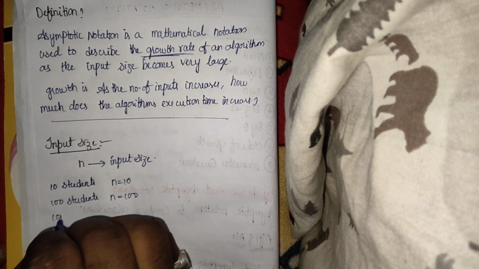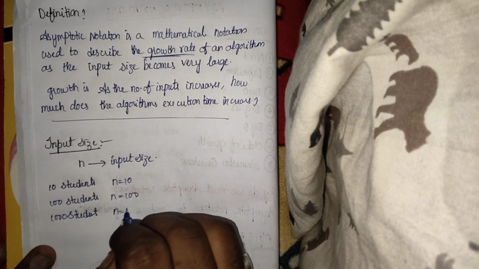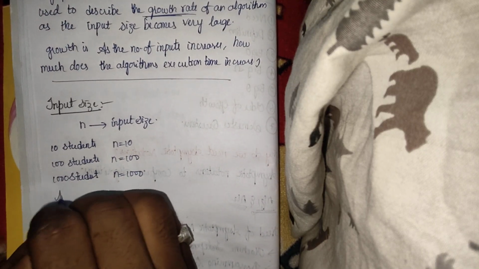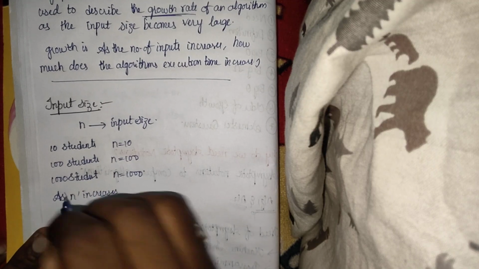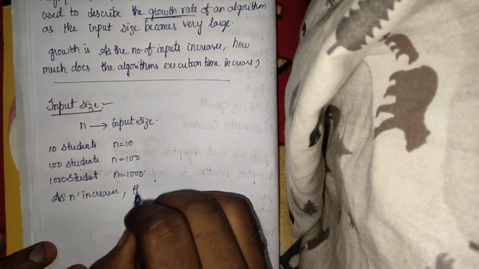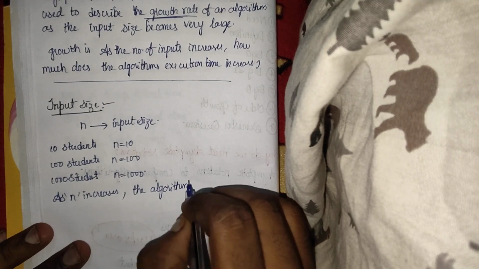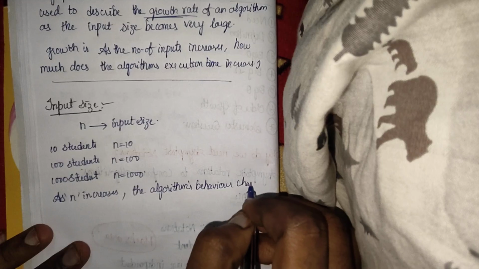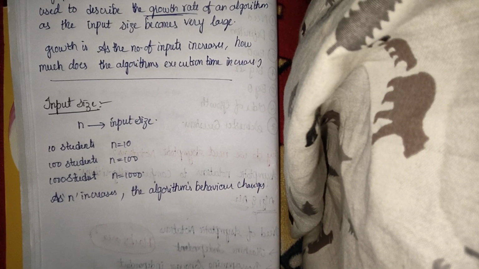Assume 1000 students, n equals 1000. So as n increases, the algorithm's behavior changes. That is why we study this.